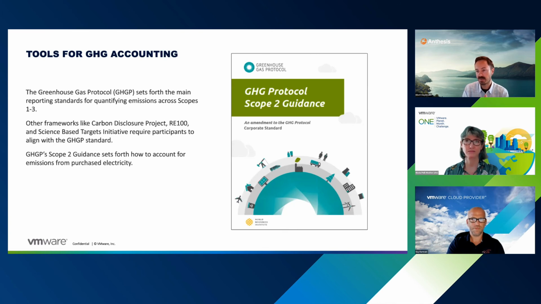There's a document specifically called the Greenhouse Gas Protocol Scope 2 Guidance, which goes into great detail about how to calculate your electricity-based emissions. I would highly recommend getting familiar with that if you're new to greenhouse gas accounting, or talking to experts that are quite familiar with this document.